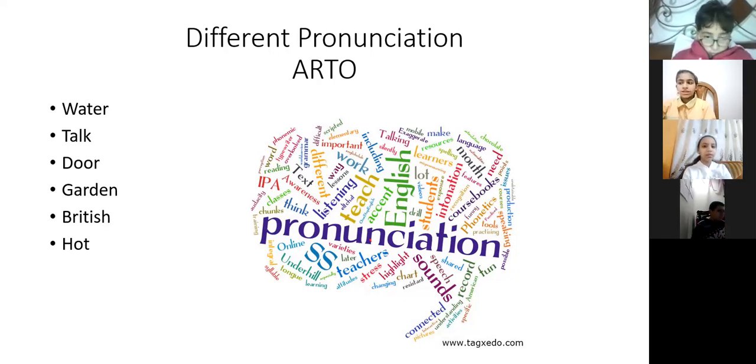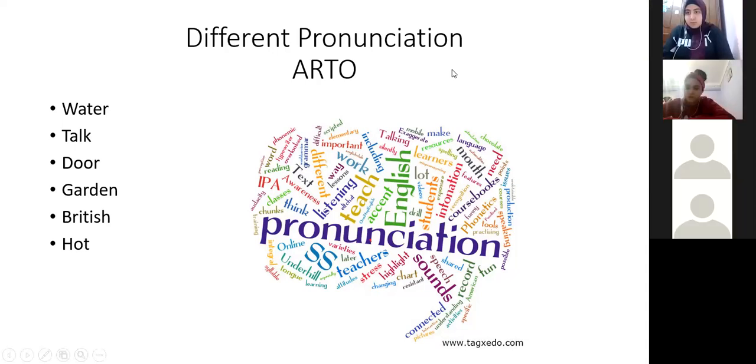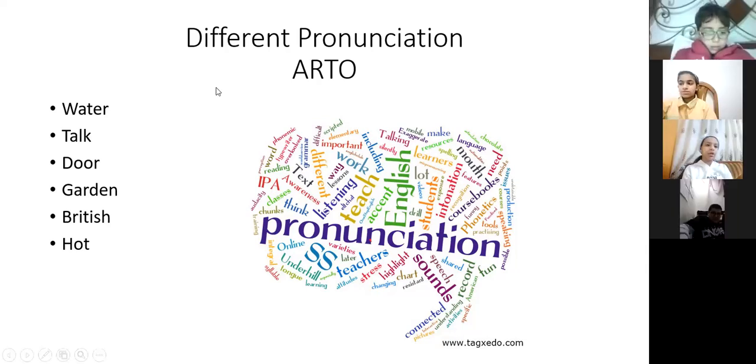No, in British, I don't say R. It's garden in British, garden in American. And please say British first and then American. Okay. British, British, in American, British. Hot in British, hot in American, hot.